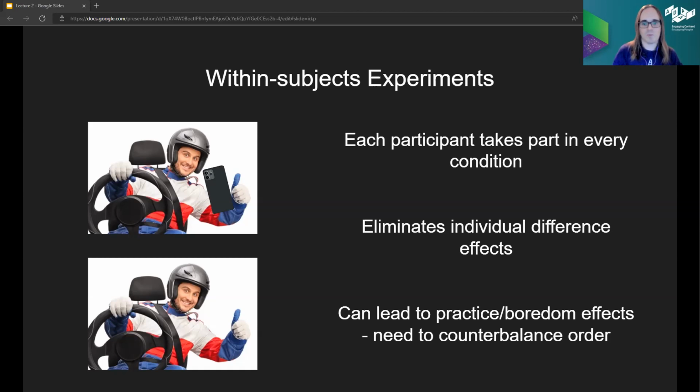Or for other experiments, we might worry about people getting bored. If you had a really long, boring experiment, don't worry, all of my experiments are long and boring, so you wouldn't be the first person in this school to run an experiment like that. But if your experiment's really long and boring, the second time around, people will probably get worse at it, with less effort, because they're just so bored. In this case, a within subjects design makes it a bit harder.